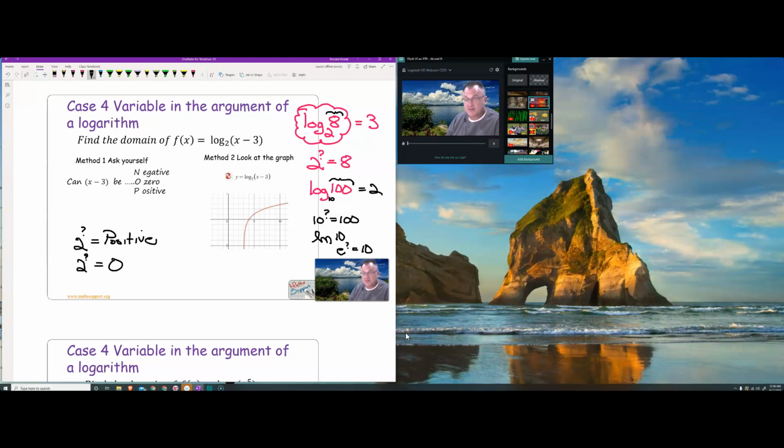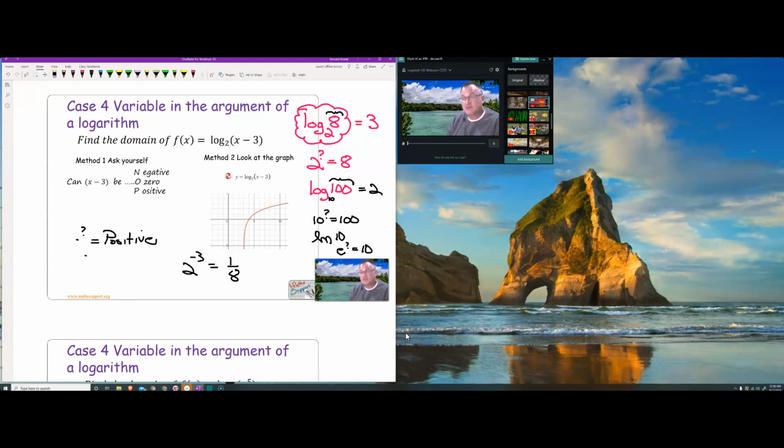It would be impossible to turn this into a 0. There is no exponent that I could put on 2 to turn it into a negative. Even if I have a negative exponent on 2, that doesn't make it negative, it just makes it a reciprocal. If I had 2 to the negative 3, that's not a negative number, that is 1 over 8. It's the reciprocal of 2 to the third.